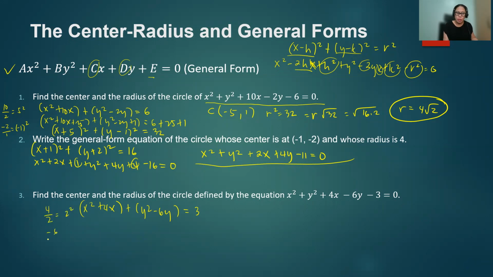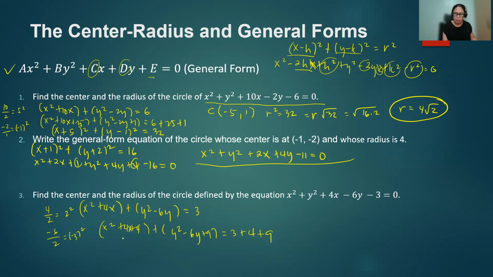For negative 6, we divide it by 2 and then square. So we have x squared plus 4x plus 4, and then y squared minus 6y plus 9. Whatever we added on the left side has to be done on the other side. So we have plus 4 and then plus 9.